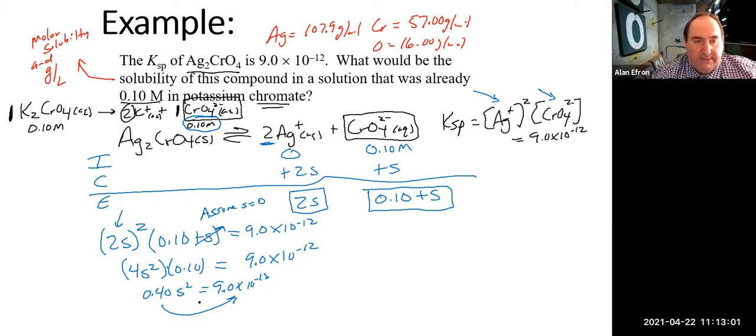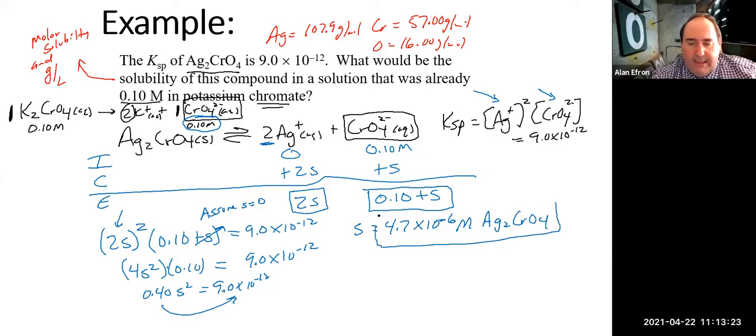Now taking a square root of it, looks like we end up with something of 4.7 times 10 to the minus 6 for s. And that would be the molar solubility of the silver chromate here in that solution. Any questions on that there?